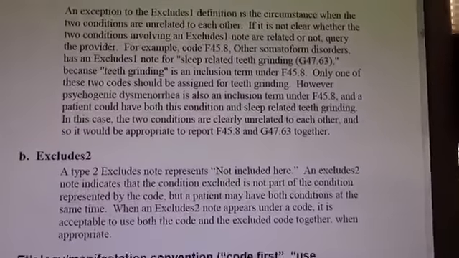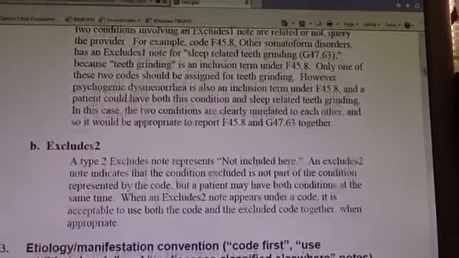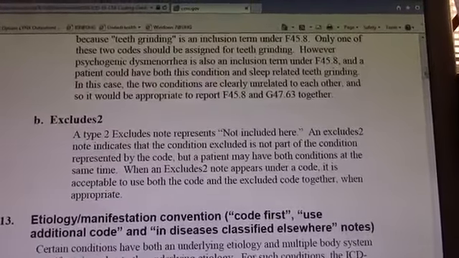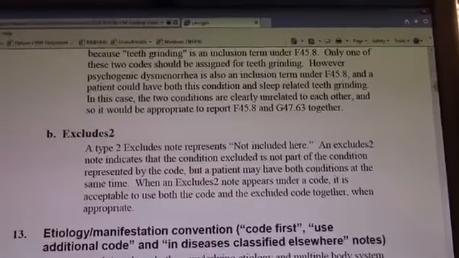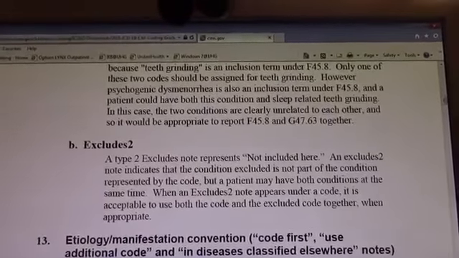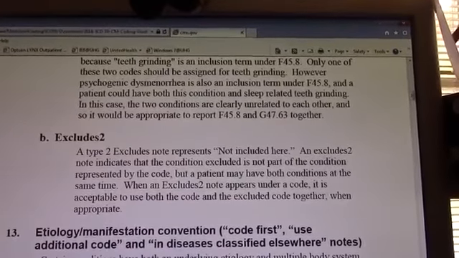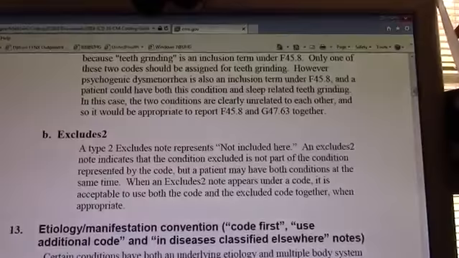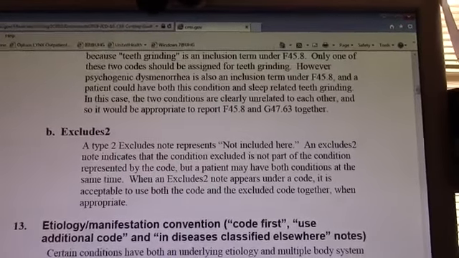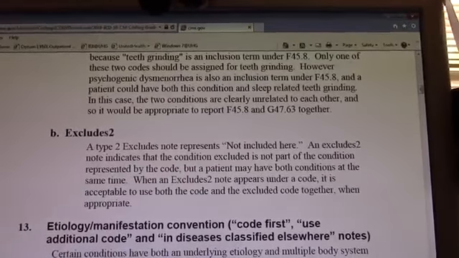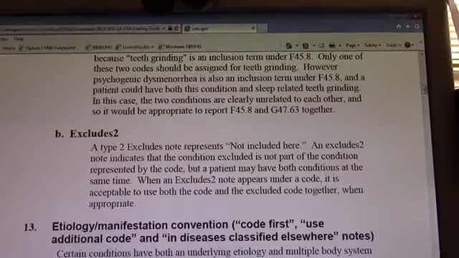And in that case, you need two codes to encompass both conditions. Now, there's an Excludes1, but there's also an Excludes2. And when you have an Excludes2 beside your code, a type 2 excludes note represents not included here as well, but an Excludes2 note indicates that the condition excluded is not part of the condition represented by the code, but a patient may have both conditions at the same time.